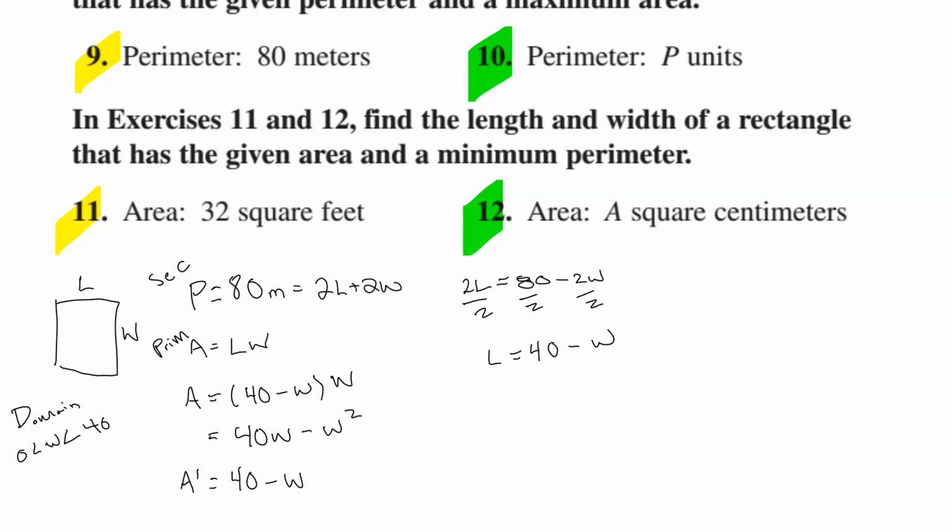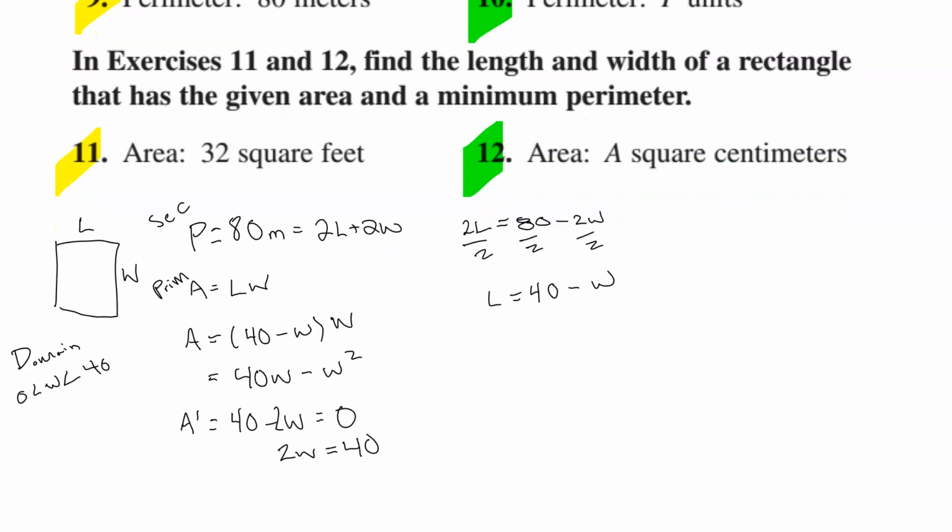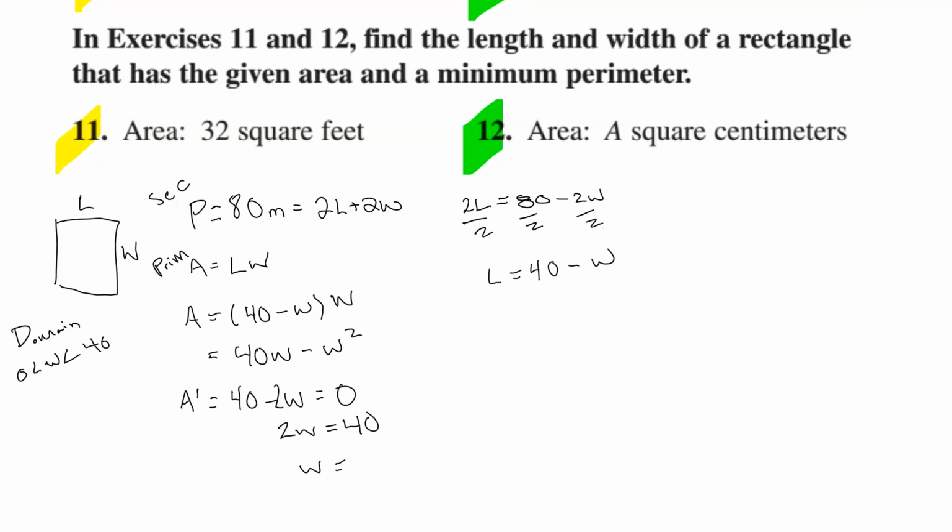And then we have to solve that derivative for W. So set it equal to 0 and solve for W. We've got 2W equals 40. W equals 20. So I've got 20 feet for my width. My length is 40 minus W, so in this case 40 minus 20.